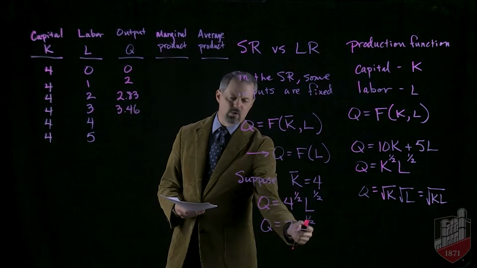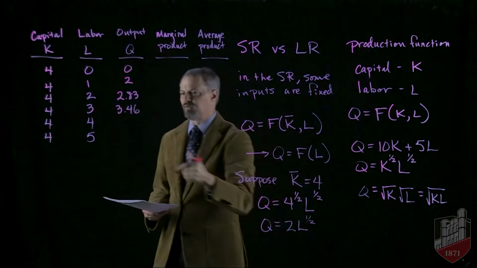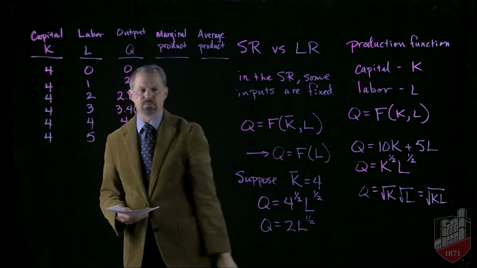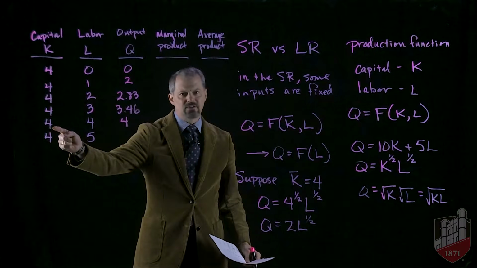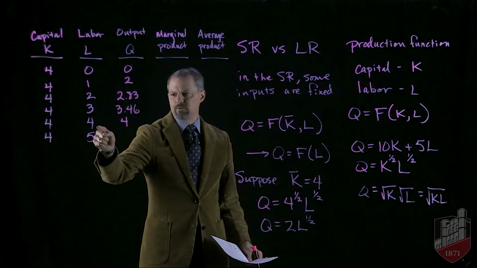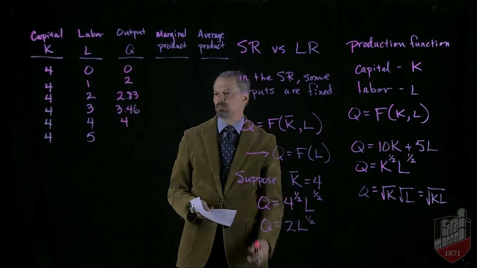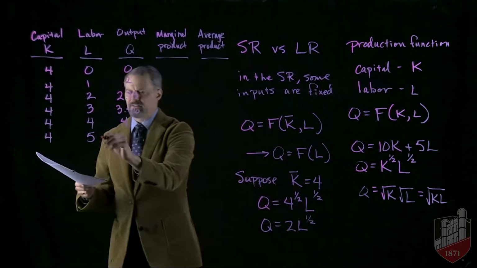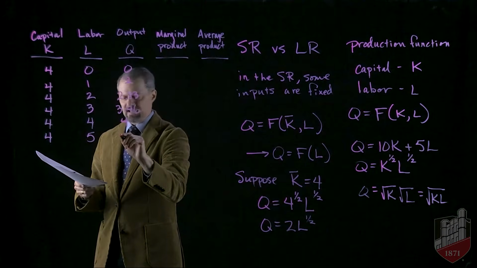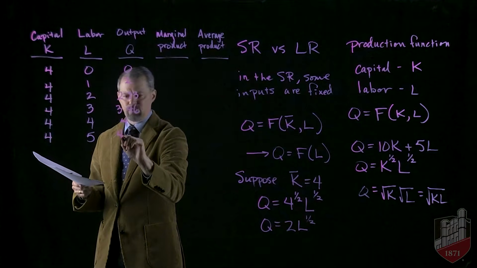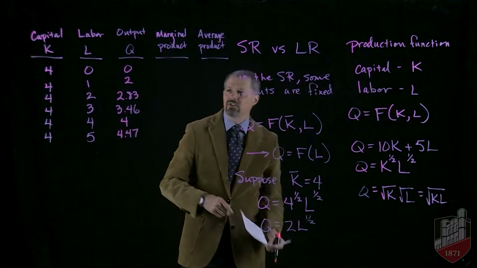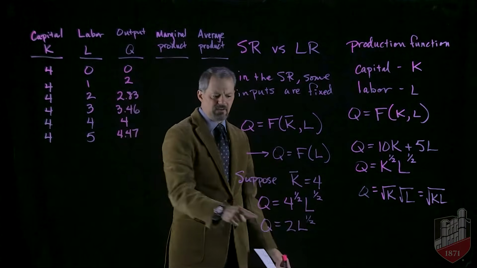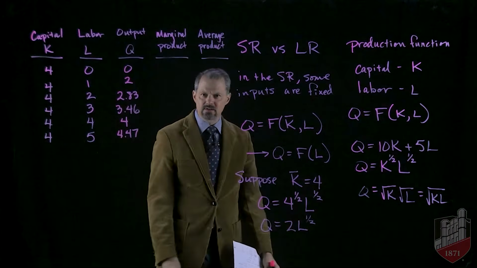The square root of 4 is 2, and 2 times 2 is 4, so I can get 4 units of output. If I've got 4 units of capital to work with and 4 workers, I get 4 units of output. And then the 5th, if I have 5 workers, I can produce a total of 4.47 units of output. So there's what output looks like if I use this Cobb-Douglas production function.